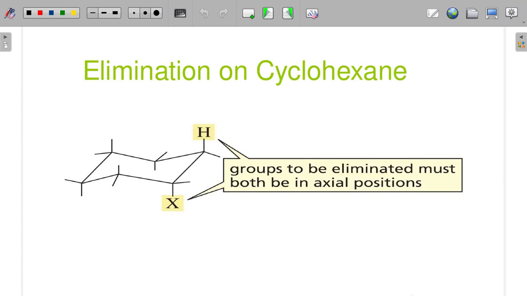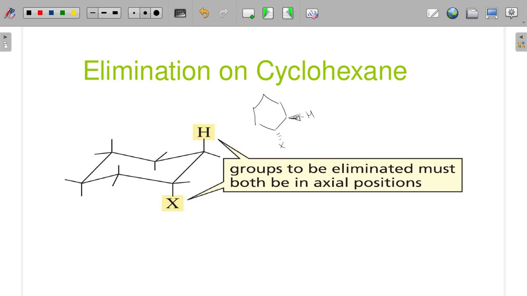Okay, something else that's interesting. When we're dealing with rings, there are certain ones that will not actually do elimination, even if there's hydrogens adjacent. What I mean by that, if I drew it flat, I have this hydrogen, and this is my halogen. The positions have to be opposite one another, so they could actually form this anti-coplanar.